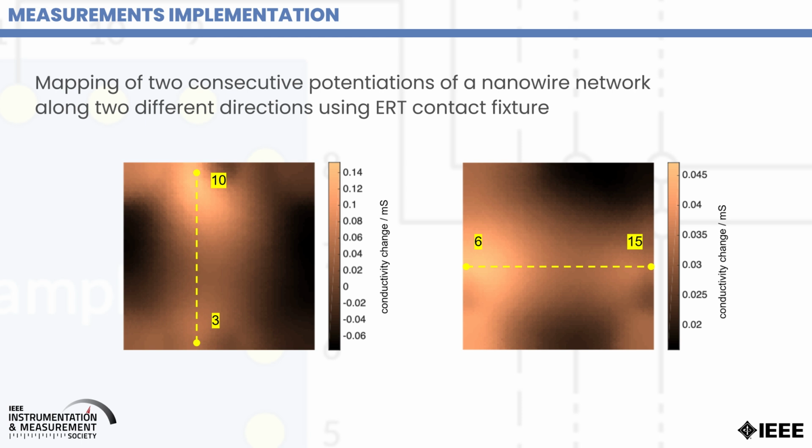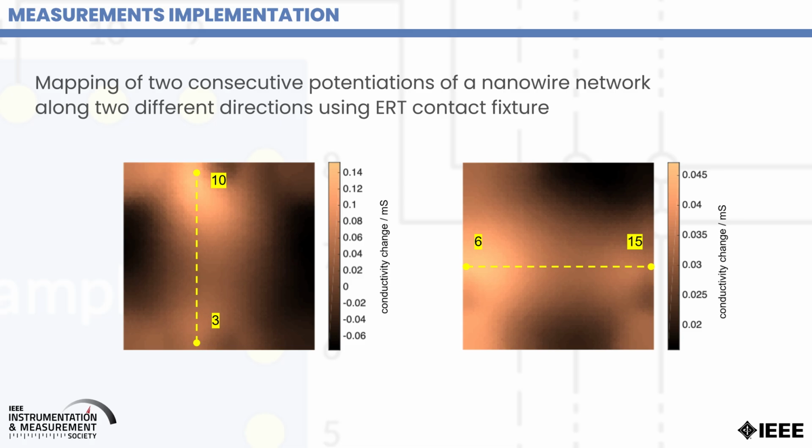Then, using suitable applied voltage through pairs of the same contacts available for electrical resistance tomography, the network can be stimulated in order to get a specific potentiation of the conductivity of the network, and then the very same technique can be used to monitor the evolution in time of this potentiation of the network of metallic nanowires.